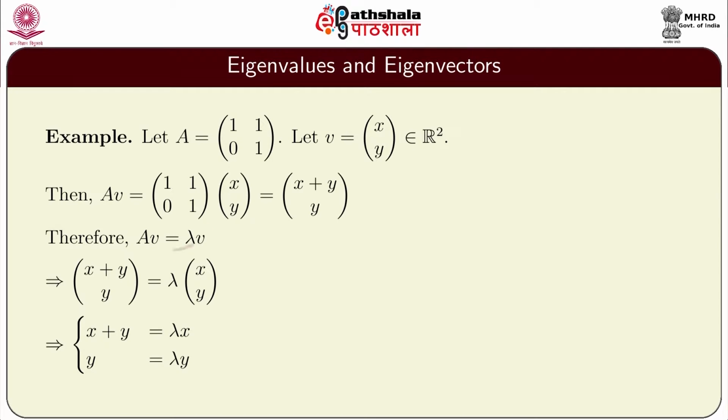Therefore, if Av has to be the same as lambda v for some scalar lambda, then the vector (x plus y, y) has to be the same as (lambda x, lambda y), which gives rise to two linear equations: x plus y is equal to lambda x and y is equal to lambda y.